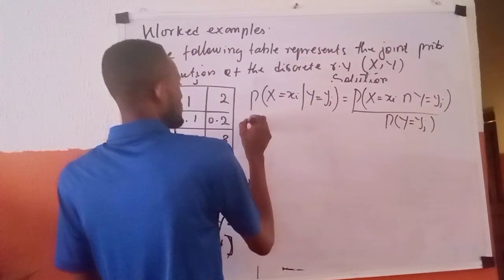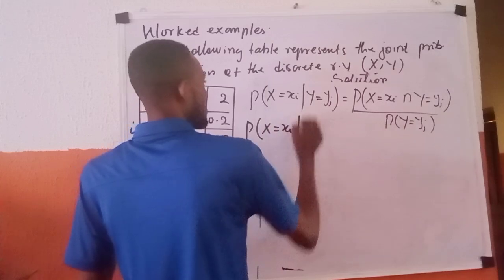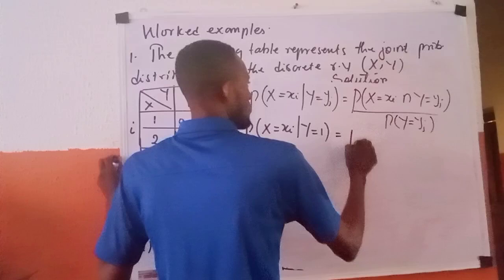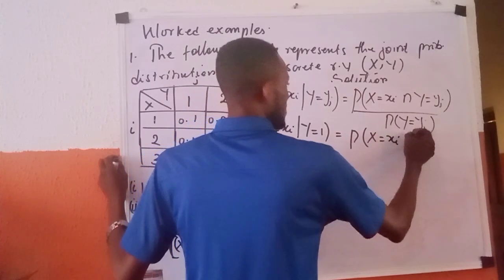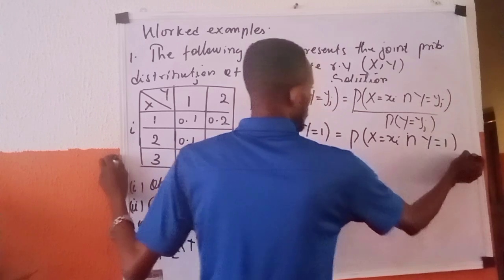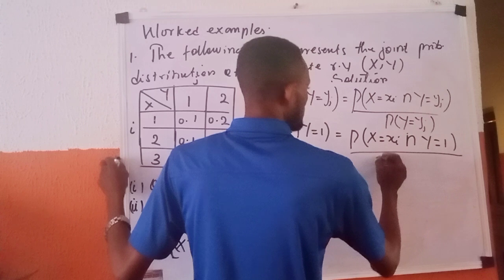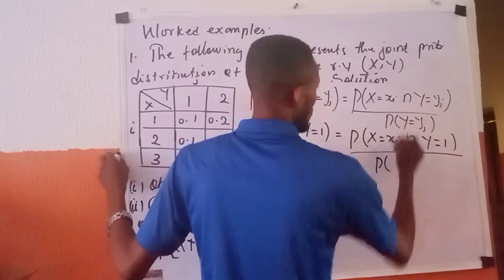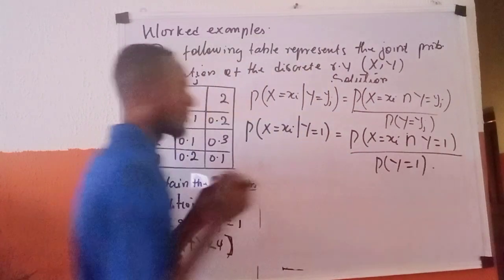So this becomes P of X equals Xi, given that Y equals 1, equals the probability that capital X equals Xi, intersection Y equals 1, all over P of Y equals 1. This is what we have.